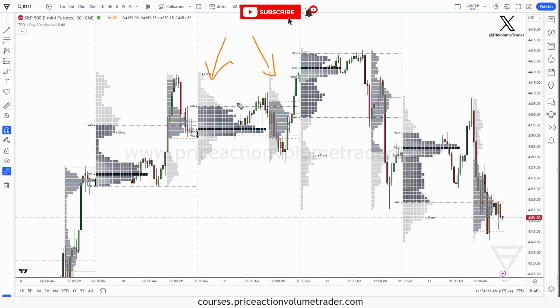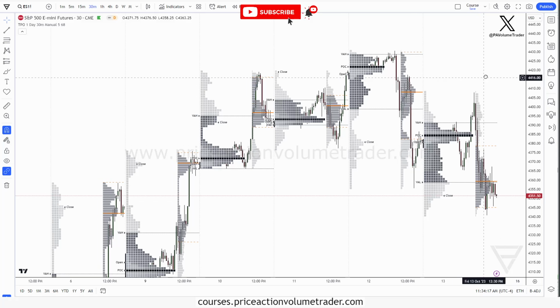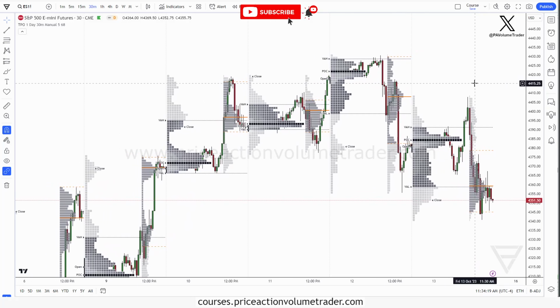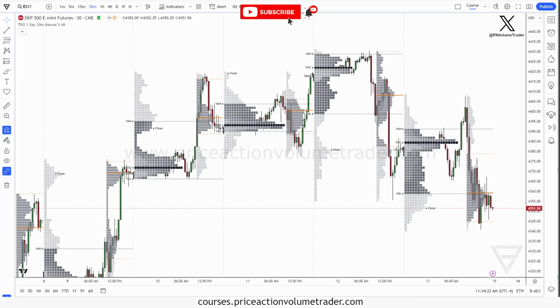But generally, market profile traders, we like to have them both side by side, as both together give us some really good information. The main difference between these two, and I got a whole video coming up very soon going over this, the market profile is measuring the relationship between price and time.